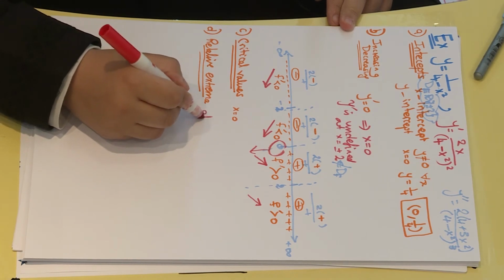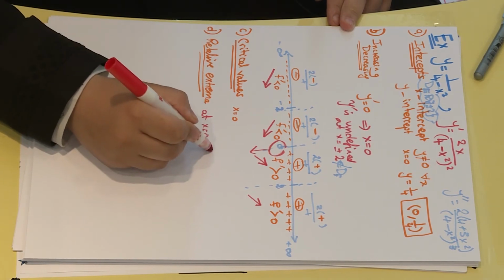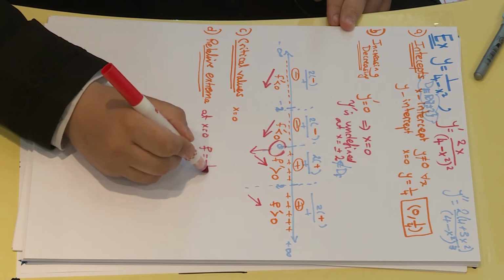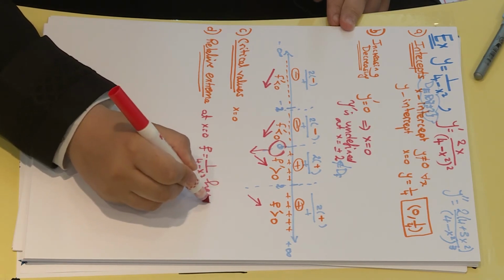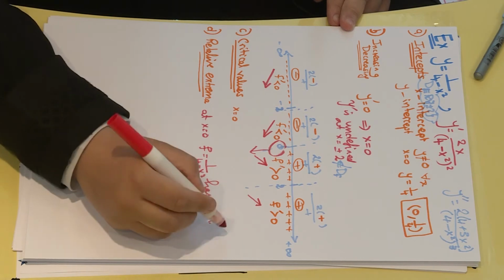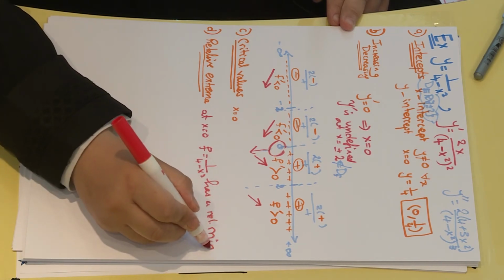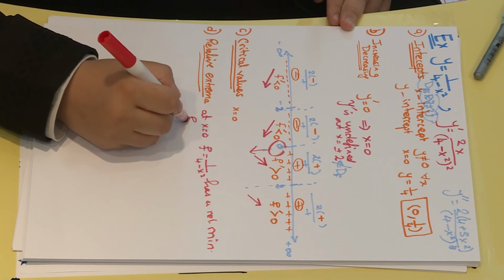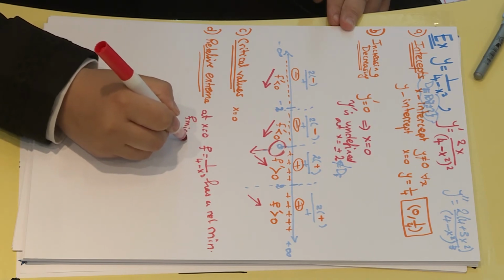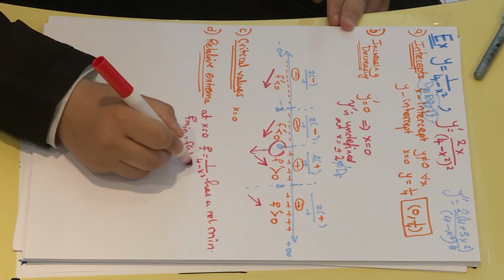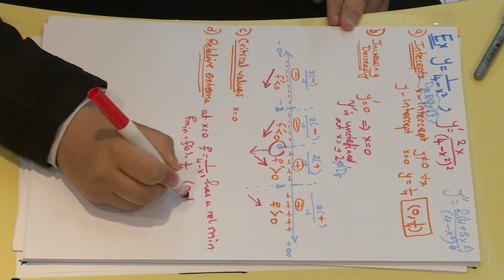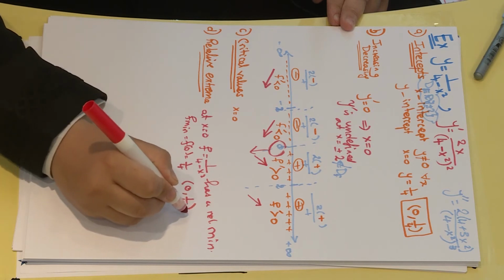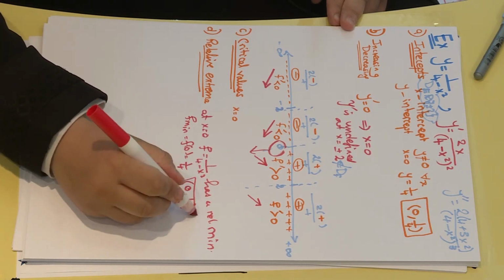So at x equals 0, f, which is equal to 1 over 4 minus x squared, has a relative minimum. So f minimum is equal to f of 0, which is equal to 1 over 4. So the point (0, 1/4) is the point where the function has a minimum value.